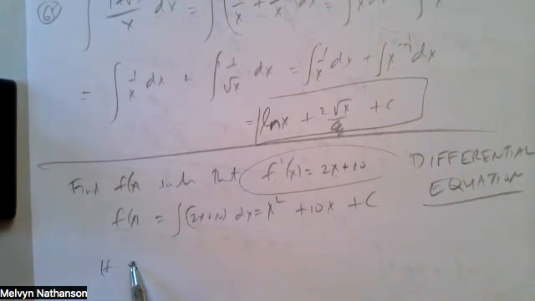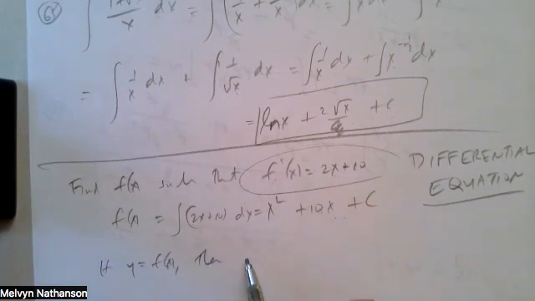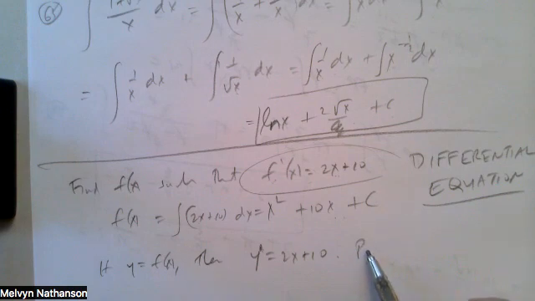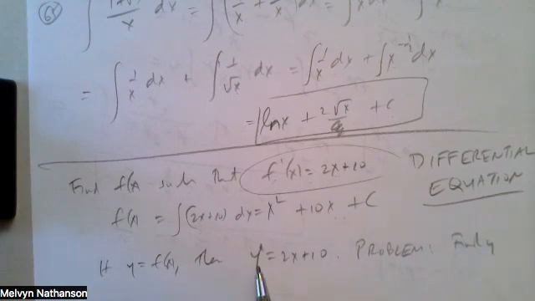So if y is equal to f of x, then this equation is y prime equals 2x plus 10. And the differential equation problem is to find a function y whose derivative is 2x plus 10. So that's an example of a differential equation.